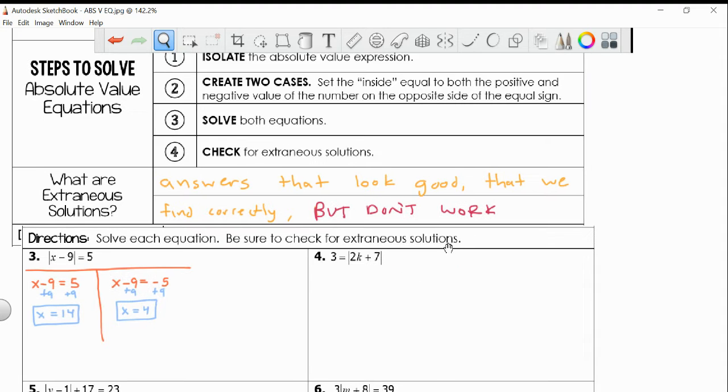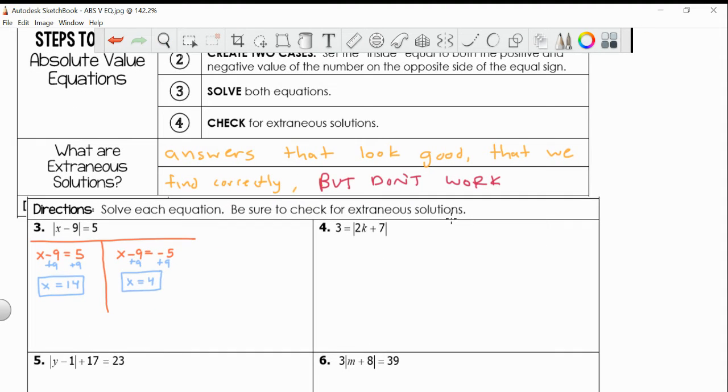Okay, this is the one part of absolute value equations that kind of trips us up a little bit, okay? Sometimes answers that we get are totally normal looking. We found them without making any mistakes, and they just don't work, okay? Like we didn't do anything wrong. The answers just straight up do not work.